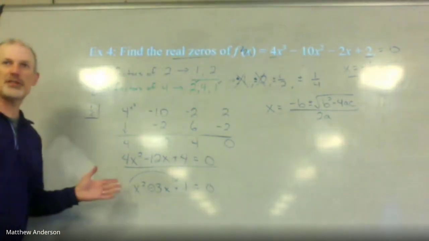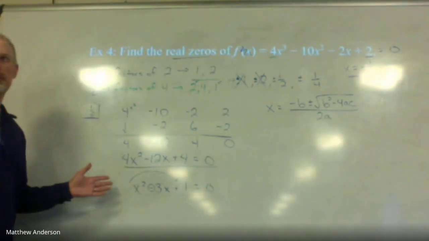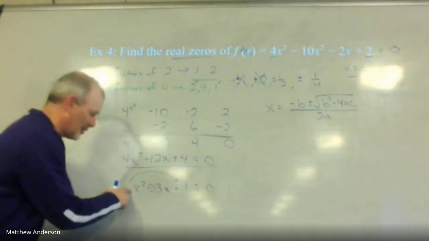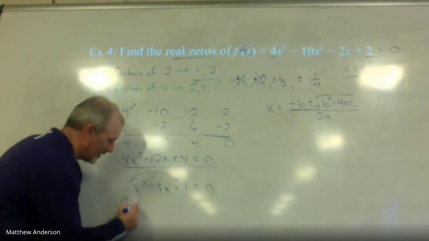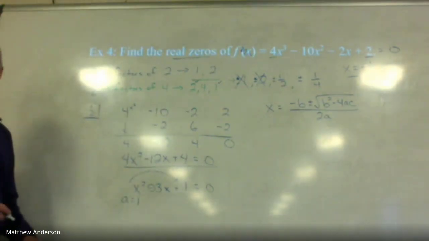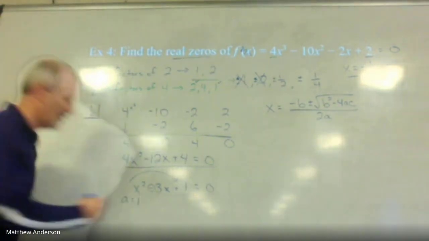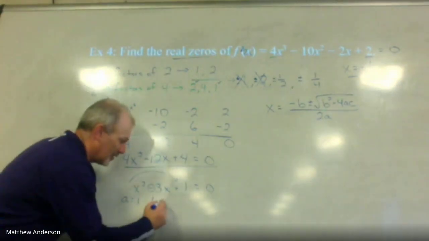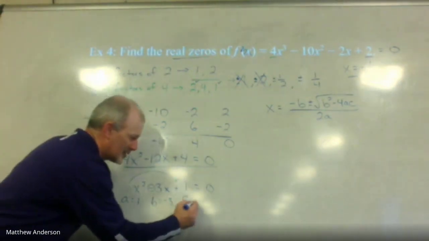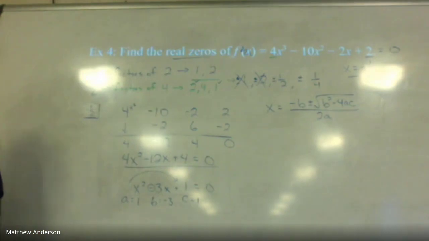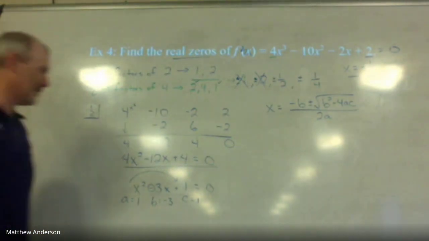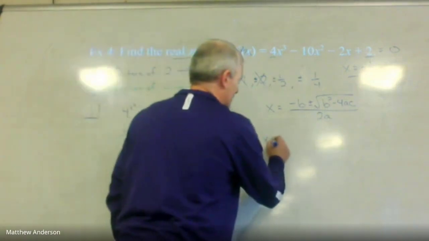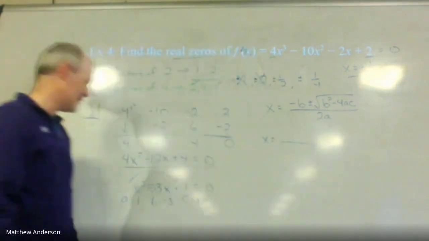Looking back at our equation, what is the a value? Yeah, it's this number in the front, so there's nothing there. It's automatically a 1. And the b value is -3. And then the c value is also 1. So let's start plugging this stuff in. x equals the opposite of b.